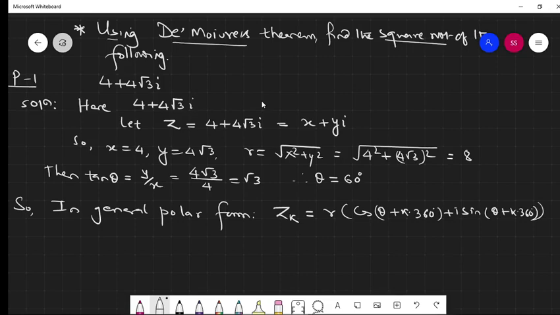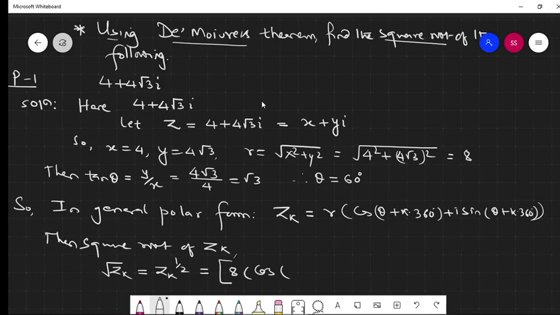Then the square root of z_k: we have to find z_k to the power 1 by 2, equal to the whole of r, which is 8, times cos of (60 plus k times 360 degrees) plus i sin of (60 plus k times 360 degrees), whole to the power 1 by 2.